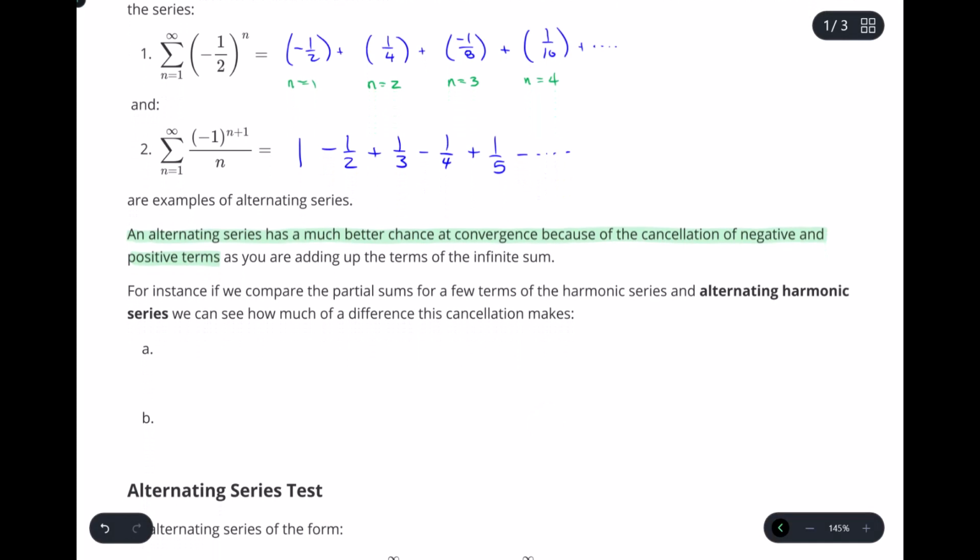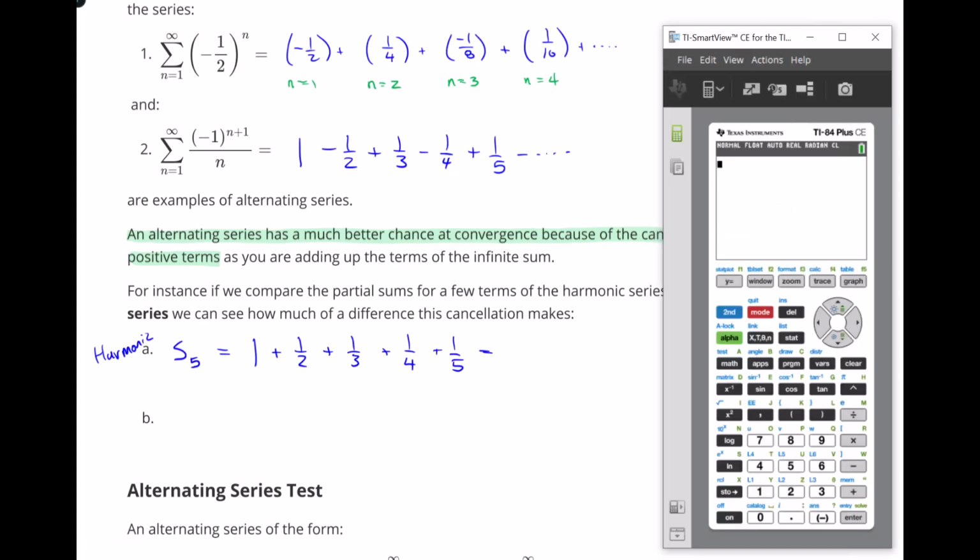If I calculate the sum of the first 5 terms of the harmonic series, that would be 1 plus a half plus a third plus a fourth plus a fifth.